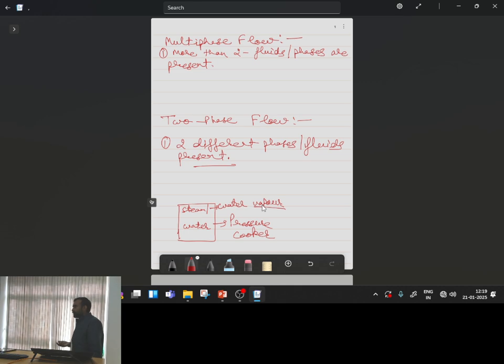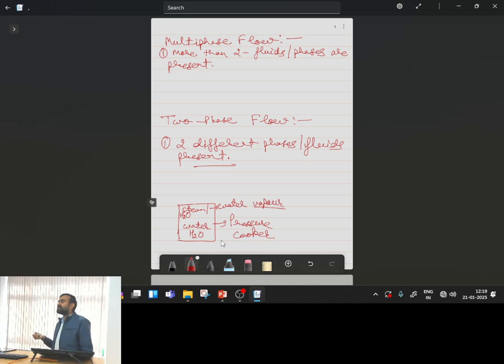Now the substance is the same. Here also I have H2O molecules, here also I have H2O molecules. But at the bottom it is in the liquid phase, at the top it is in the vapor phase. So I can have a situation where two different phases of the same substance are simultaneously existing, or more than two phases are simultaneously existing.